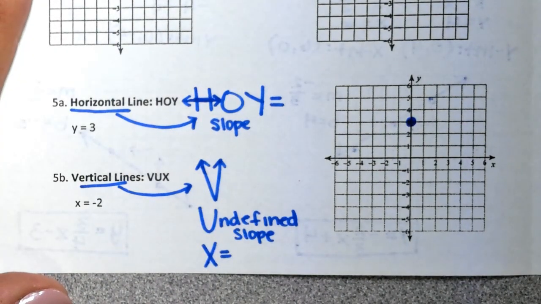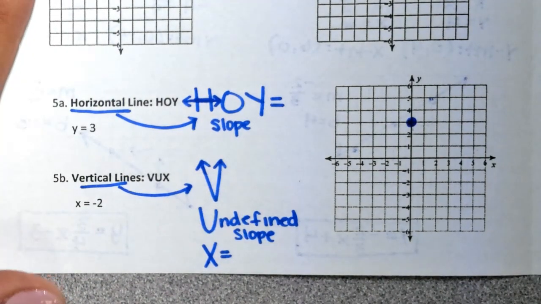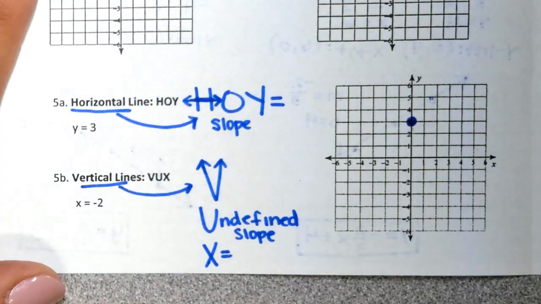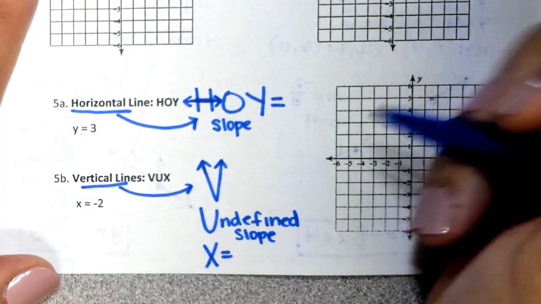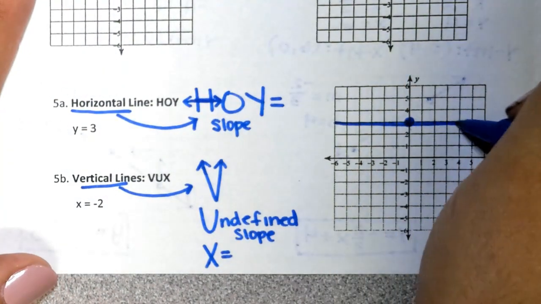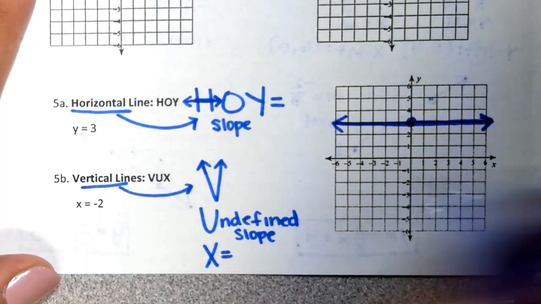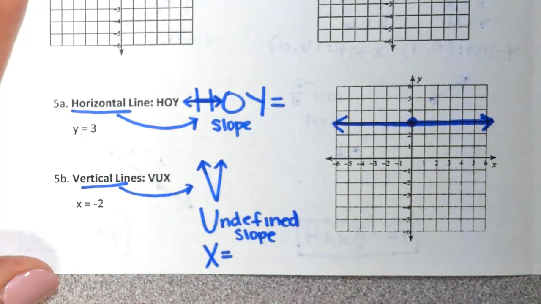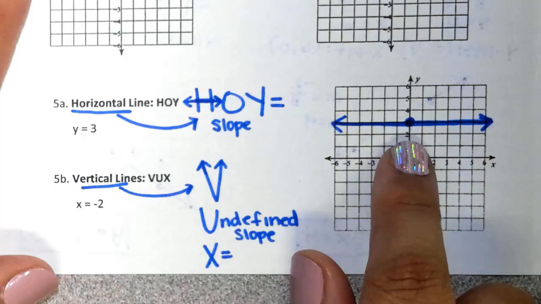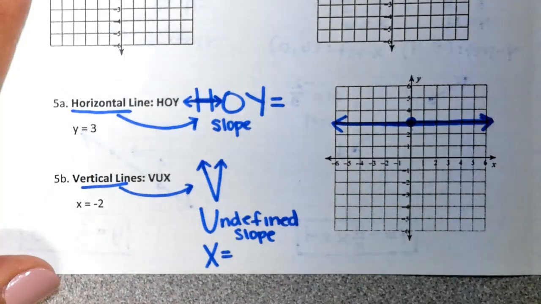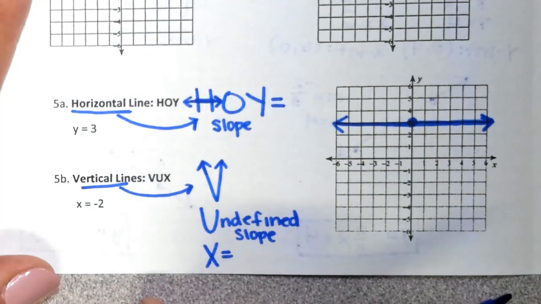What type of line are you going to draw so that everywhere you draw that line, y is 3? Horizontal. If it's y equals, make the line like an H. The other way I remember that horizontal lines have 0 slope: heartbeats. If your heartbeat is a flat line, what's your heart rate? Dead. 0. Gone.